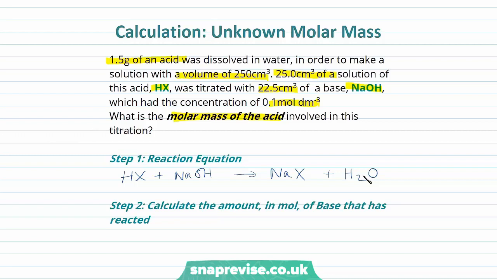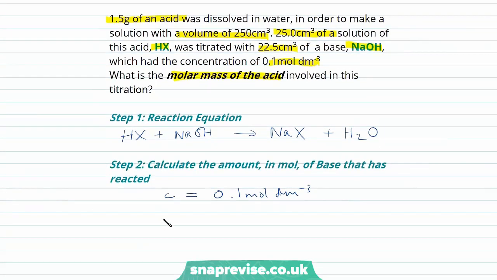We can then move on to step 2, which is quite similar to the step 2 of our previous calculation. We're going to calculate the amount in moles of base that has reacted. So let's write down what we know. We know the concentration is equal to 0.1 moles per decimetre cubed, as we're given that in the question. And we know the volume of our base that was used was 22.5 centimetres cubed.